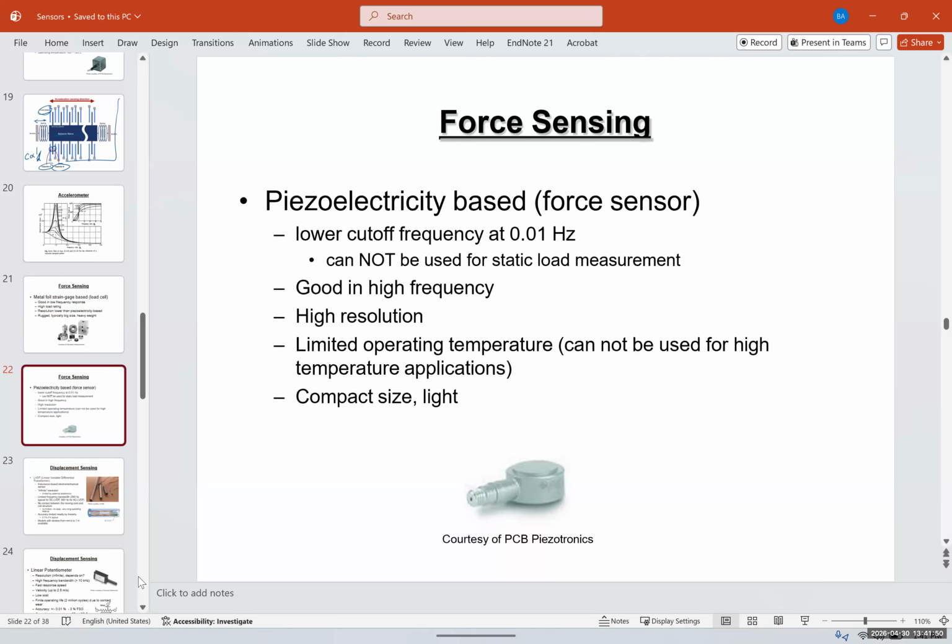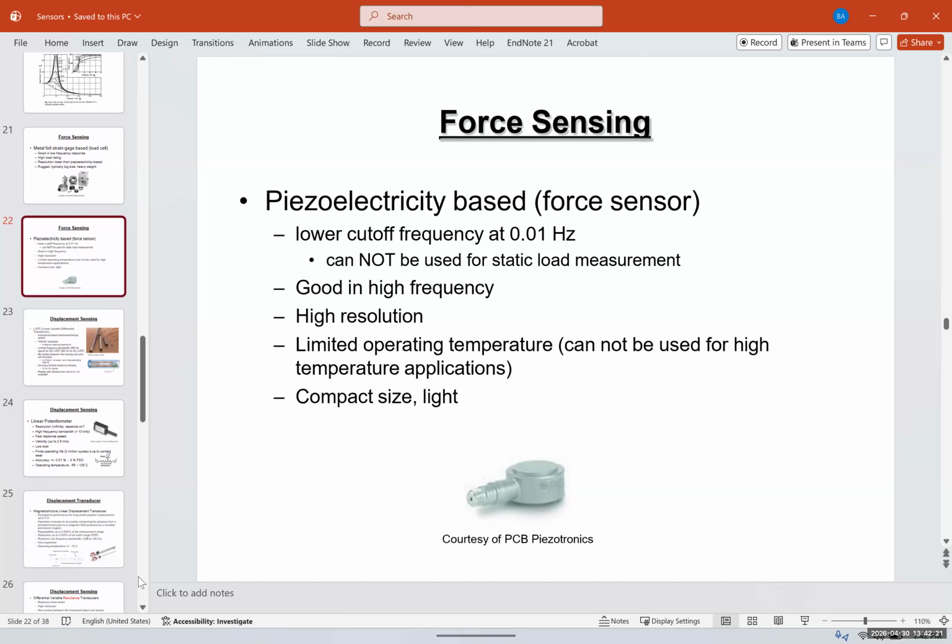But if you want to use it as a scale, and most of these digital scales that you may have in your bathroom at home use a piezoelectric, you have four different points connected to the ground, four pillars, and you put one on each, and you can measure weight. These are good in high frequency, high resolution, limited operating temperature, and cannot be used for high temperature applications, and they have compact size and are very light.